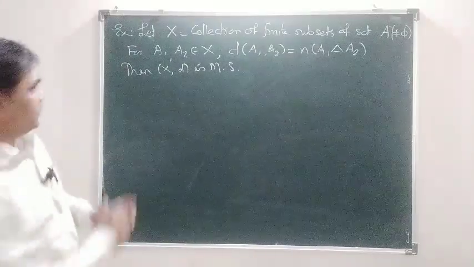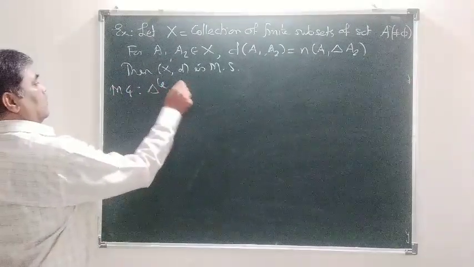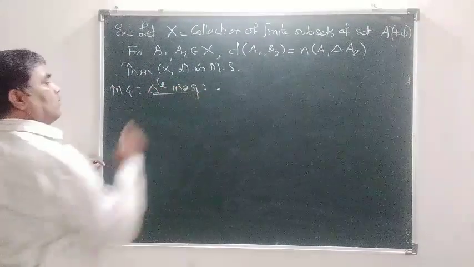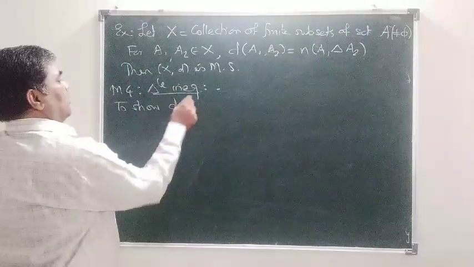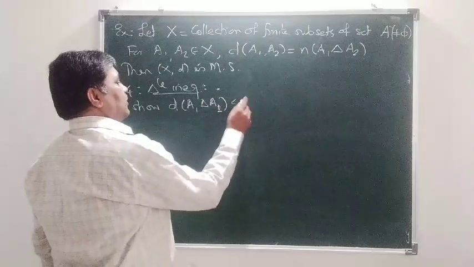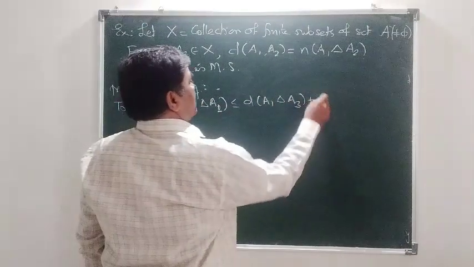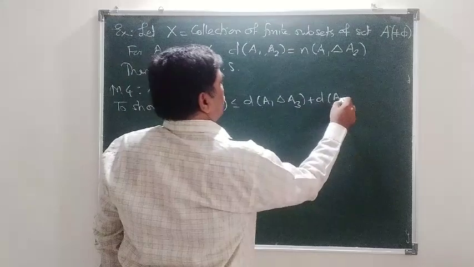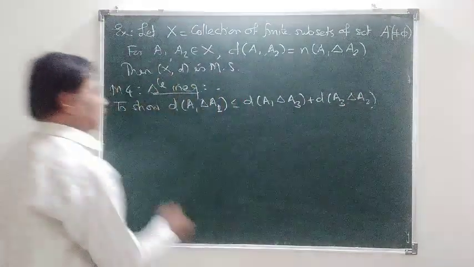Triangle inequality. To show D of A1 A2 is less equal to D of A1 A3 plus D of A3 A2.